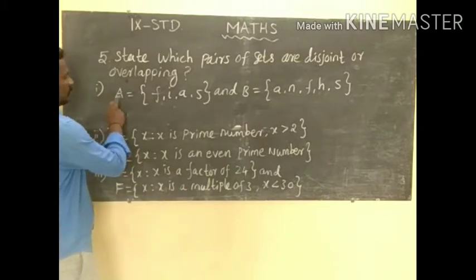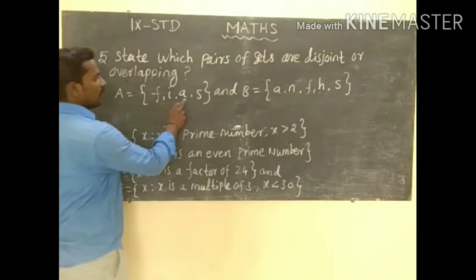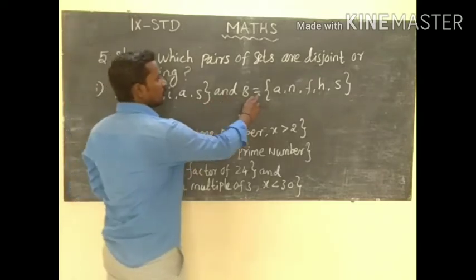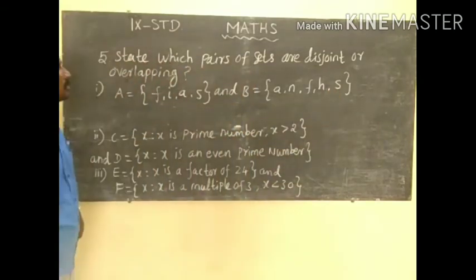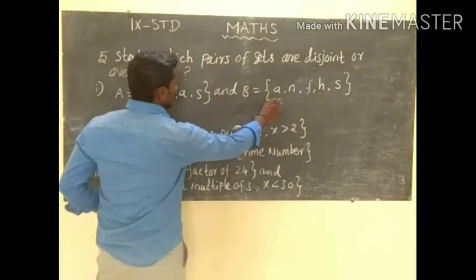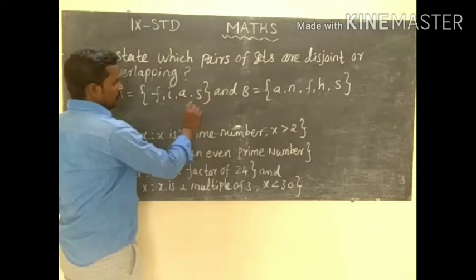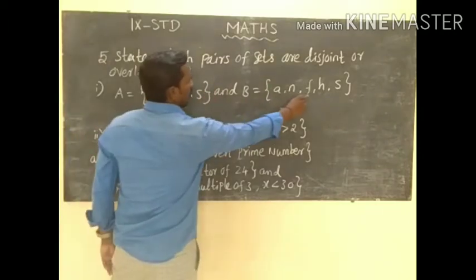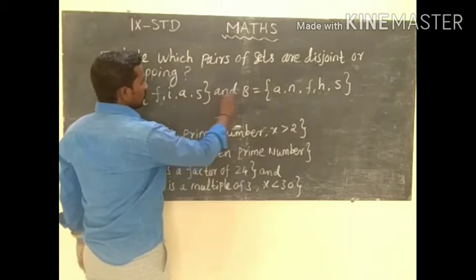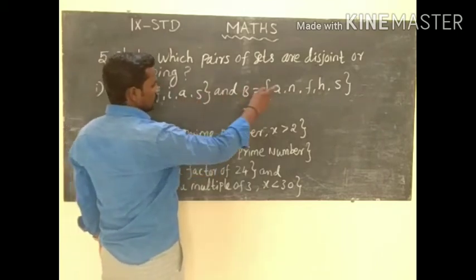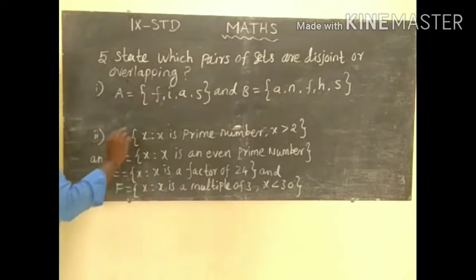The first question: A is equal to the set of F, I, A, S, and B is equal to the set of A, N, F, H, S. Compare both sets. F appears in both, I does not appear in B, A is there, S is there. So at least one element is common to both sets.